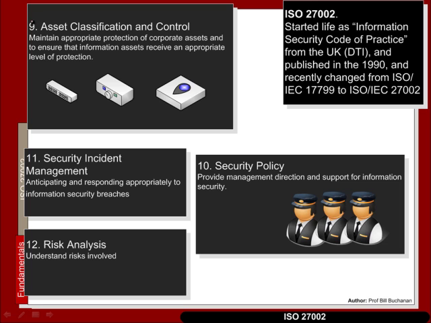We can have asset classification and control, and to make sure that all the assets are protected in some way. There is a key area around security policies, and make sure that all the people inside the organisation understand the policy. Then we can have additional ones, such as looking at risk analysis, what are the key risks to the business, and also how we deal with any security management activity.